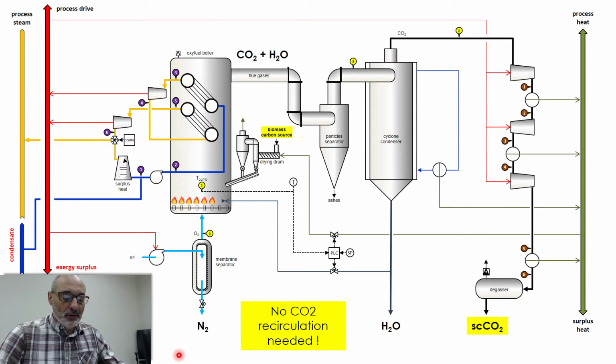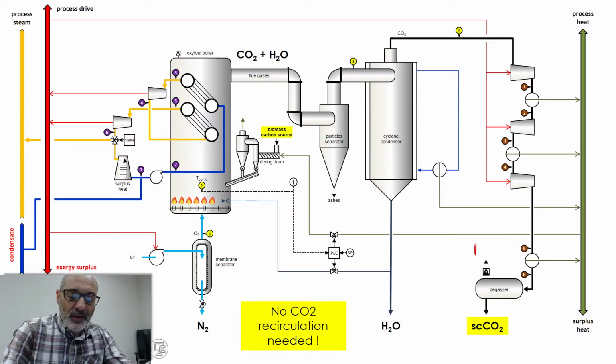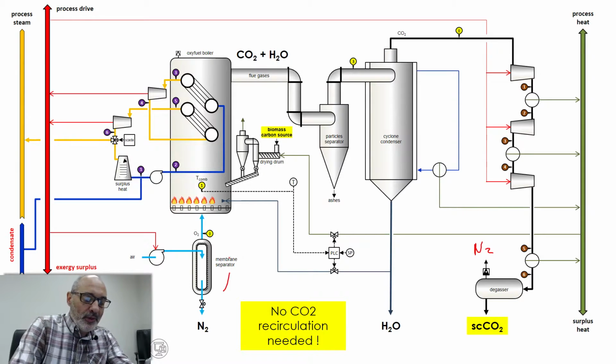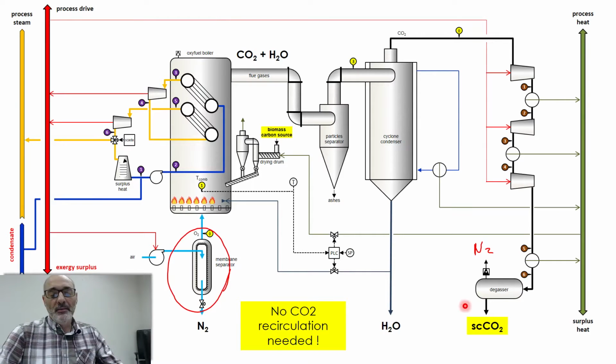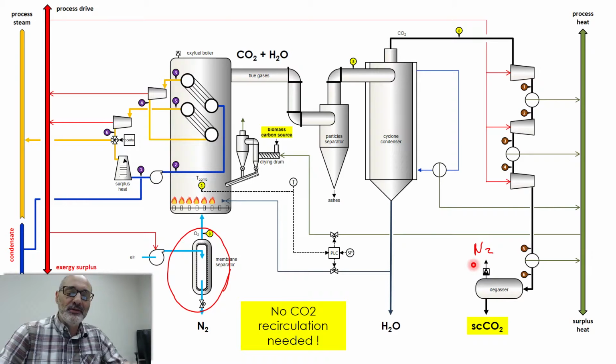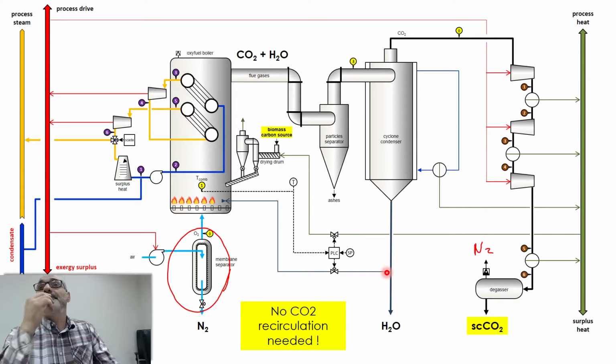Virtually you can have very small amounts of N2 because your separation process is not perfect, but these are very small amounts that you don't have to worry about. So the main advantage here is that you don't have to recycle CO2 in order to control the temperature here. And since you are recycling, yeah, go on.